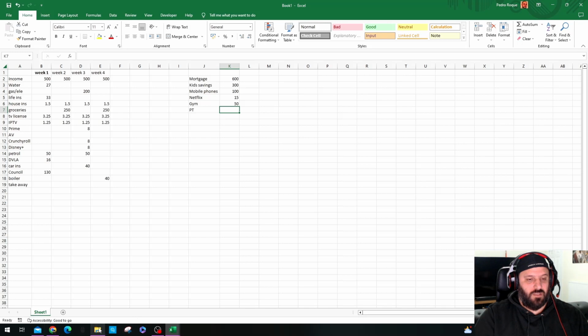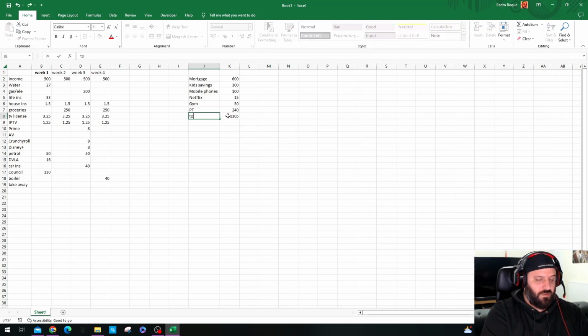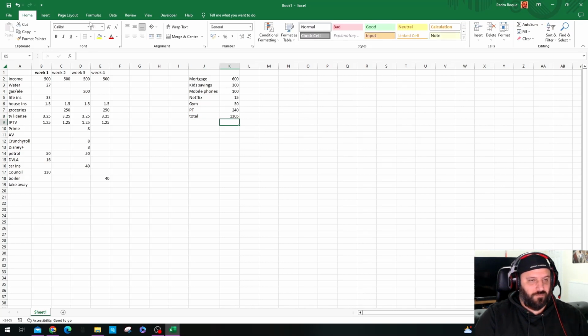It costs her 60, 120, 240 a month. So as you can see, if we add all these expenses, these are the monthly expenses. She doesn't have much left, even if she's earning. She's got like 700 roughly.